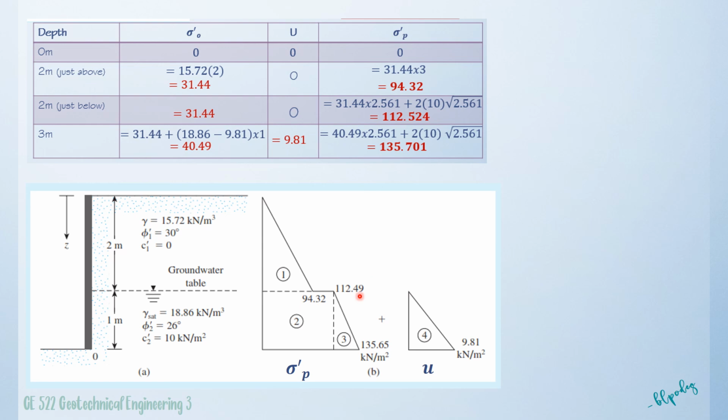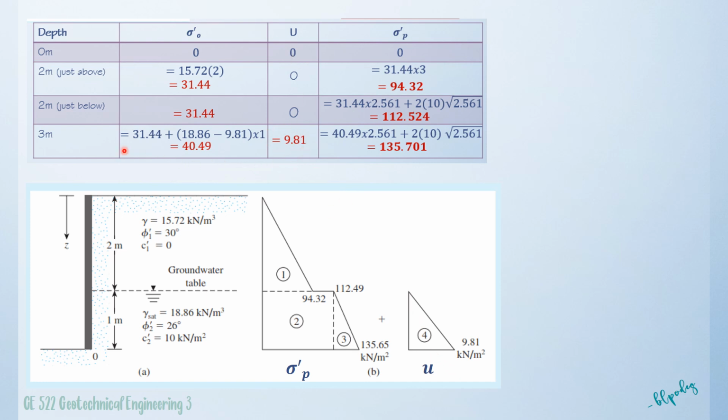Alright, so going back, that is 112.49. And then at a depth of 3 meters, that becomes now 135.701. So from 112, this now becomes 135.65.